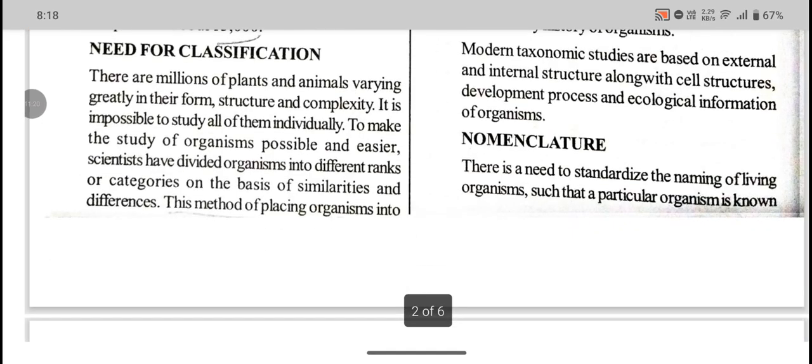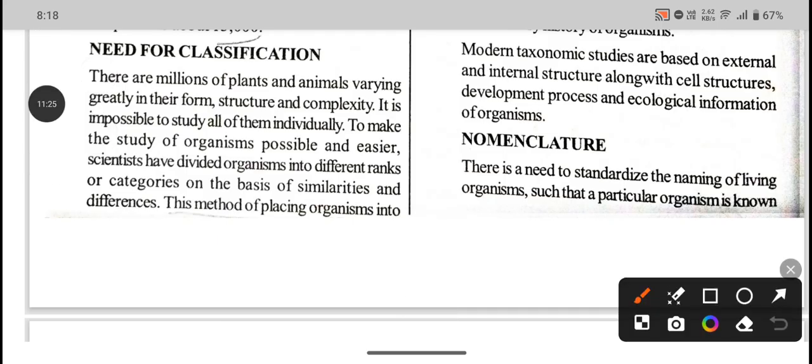So what is the need for classification? As the earth is covered with a bulk of living organisms, from microorganisms to well developed humans, for the better understanding of the living organisms and their mode of living, their structural and functional organizations, their characteristics and their complexity, we need to classify them to study.